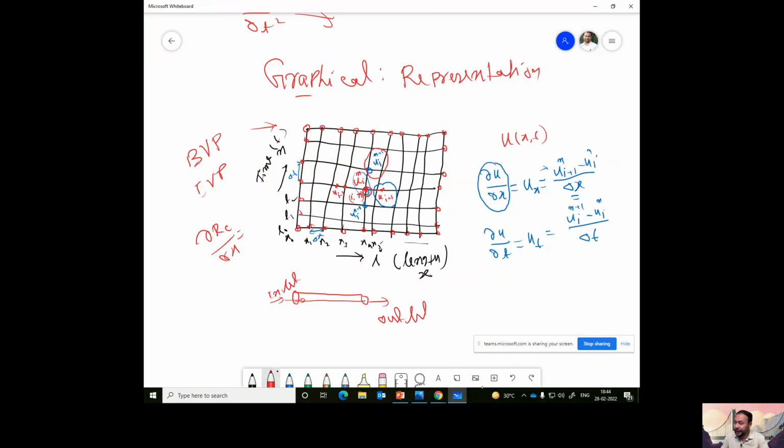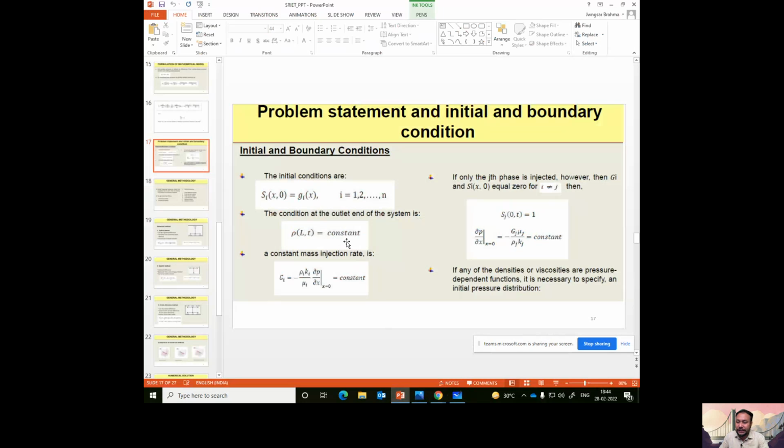Suppose this total length is capital L. At the outlet, the density for any time is constant. We assume this is constant.